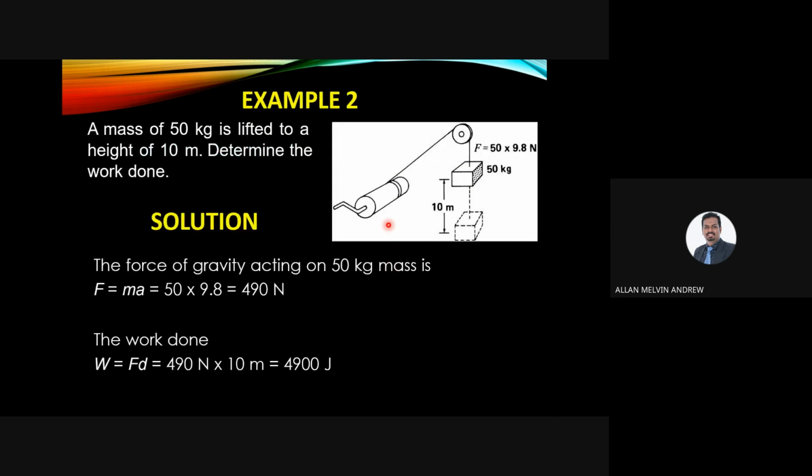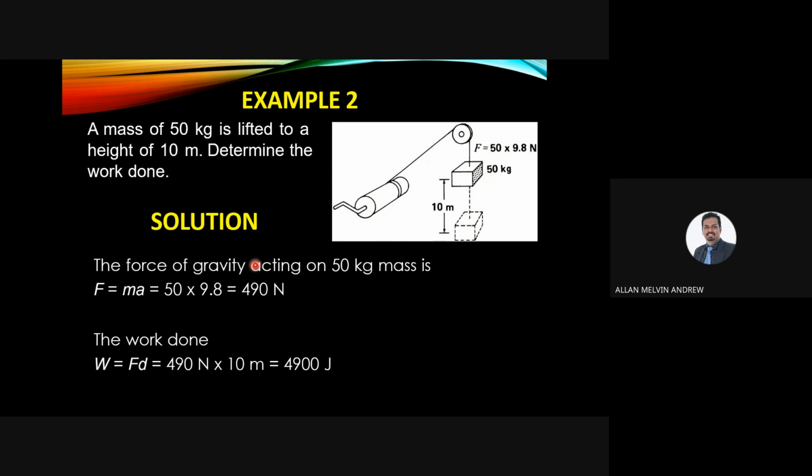Okay, so we can see one example. A mass of 50 kilogram is lifted to a height of 10 meters. So from here it is lifted to here. That's a distance d of 10 meters, and we know there's a force acting, which is 50 times 9.8 in Newton for 50 kilogram. So we can determine the work done.